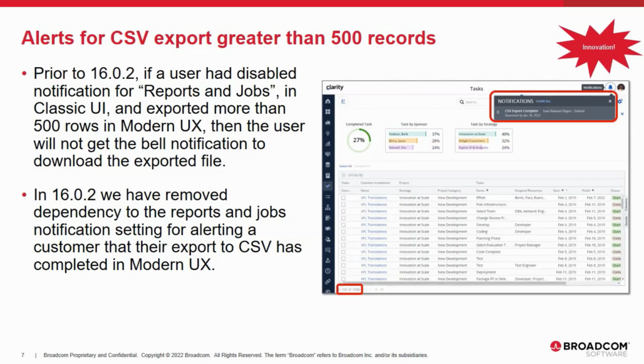This used to cause a problem: in the modern UX, if an end user had that setting disabled, they would not get the bell icon notification after their export to CSV was complete for any export that had more than 500 rows.